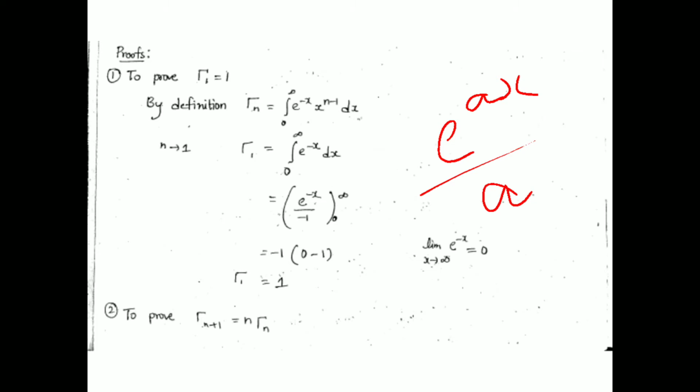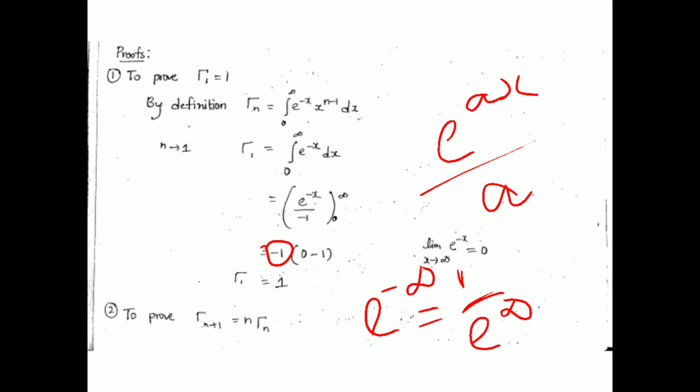We can take minus 1 common, and next applying the limits, e power minus infinity minus e power minus 0. Here e power minus infinity is nothing but 1 by e power infinity, and we know that e is something like 2.7 and so on.